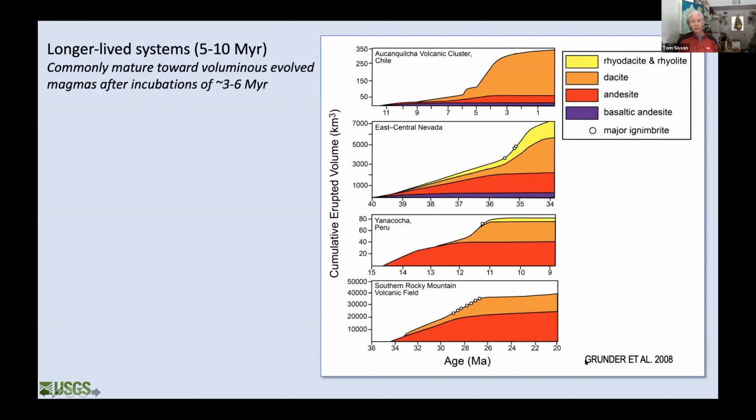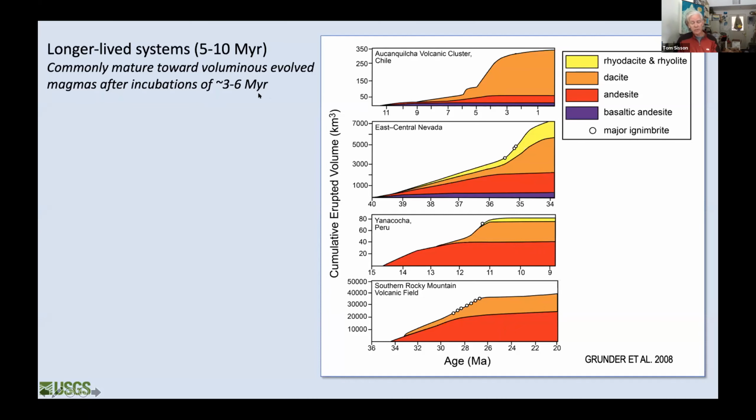This is Anita Grunder's compilation with different rock types, mafic to felsic. And you can see that a handful to say 5 or 6 million years passes, and then substantial outpourings of dacite or rhyodacite and rhyolite come out. We don't know why this happens.